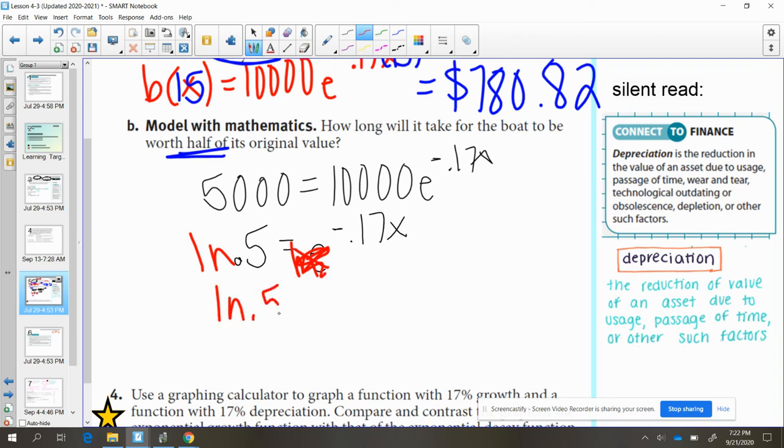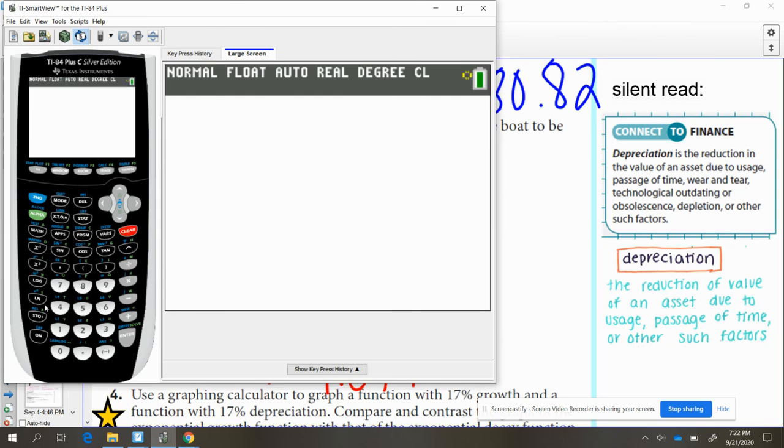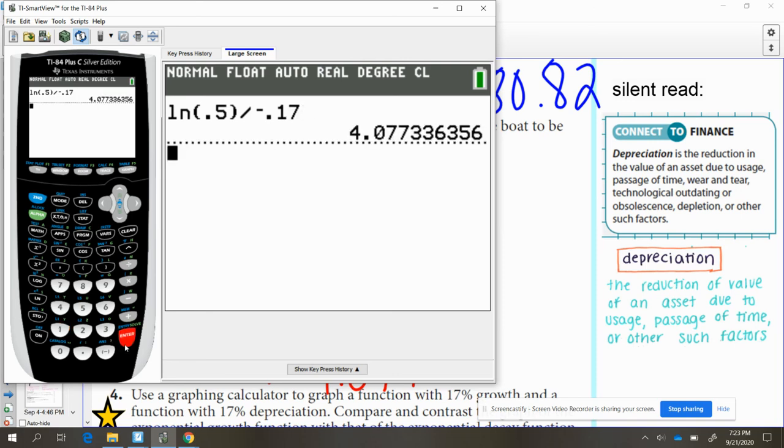So ln of 0.5 equals negative 0.17x, and then we can divide by negative 0.17 to get our x value of about 4.077 years. And on the calculator, just to clarify, here's ln 1/2 divided by negative 0.17.